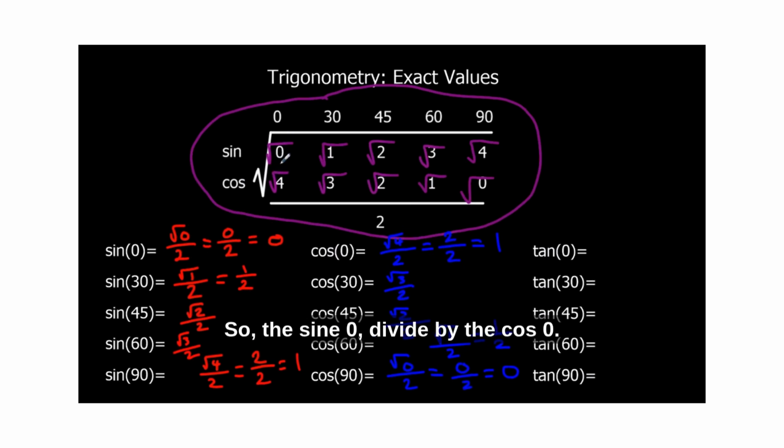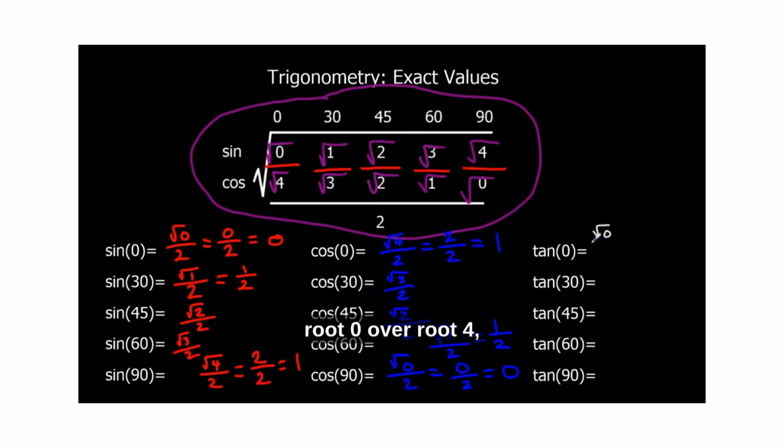So the sine 0, divide by the cos 0. We don't have to worry about the over 2 at all. So tan is, I'll draw some lines in here, these two divided by each other. So tan 0 is root 0 over root 4, which simplifies to 0 over 2, which is 0. Half of 0 is 0.